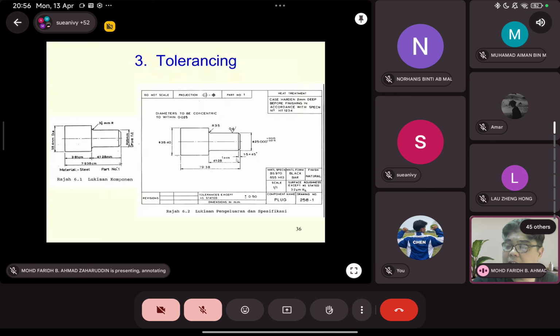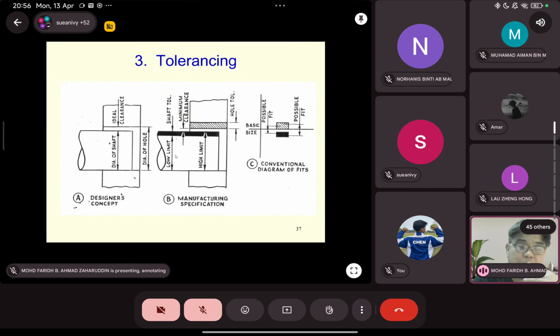This shows how the tolerance is applied. If you look at the design concept from the designer, it just gives the nominal dimension, for example 20 mm diameter, or 25, without mentioning the tolerance.